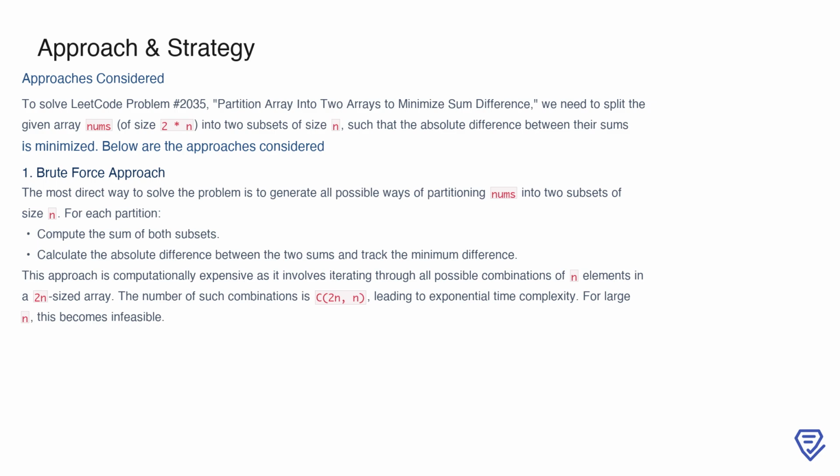However, this approach is highly inefficient because the number of combinations to consider grows exponentially with the size of the array. Specifically, for an array of size 2n, there are 2^(2n) combinations, which makes this method computationally infeasible for larger arrays. While straightforward in concept, this approach is impractical given the constraints of the problem.